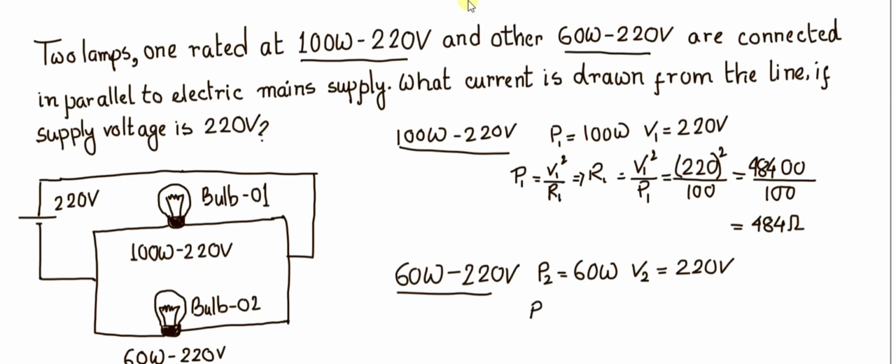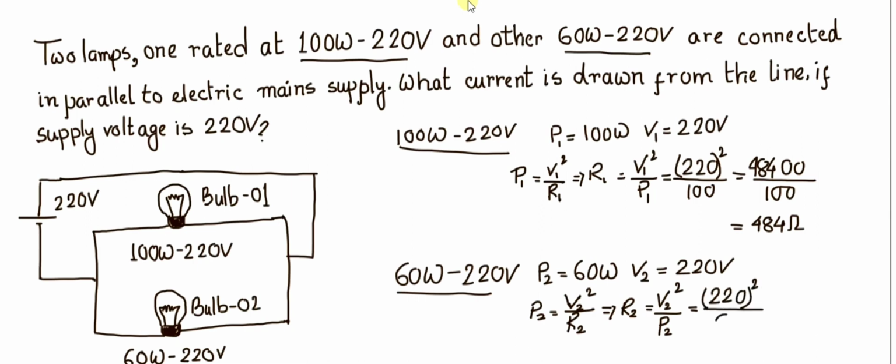So P2 is equal to V2 square divided by R2, as R2 is the resistance of bulb 2. So R2 is equal to V2 square divided by P2, where V2 is 220 whole square.